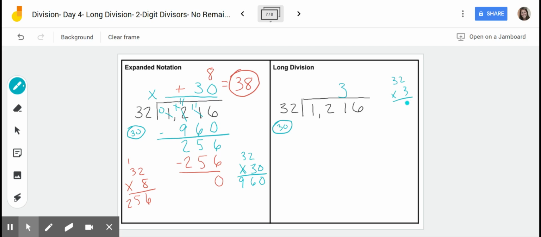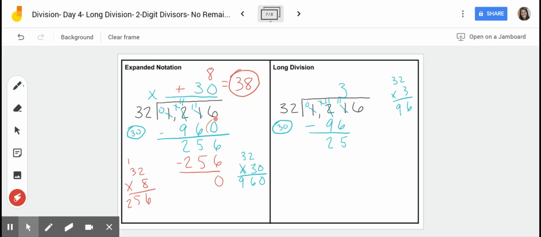I may not know that off the top of my head. 3 times 2 is 6, 3 times 3 is 9. So I'm going to subtract 96. And we're left with 25. Notice that 96 is the first 2 digits of 960 in our expanded notation.